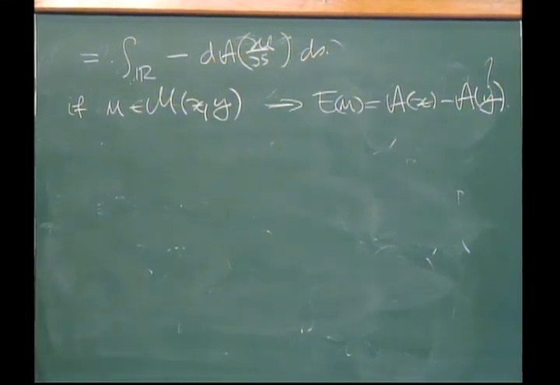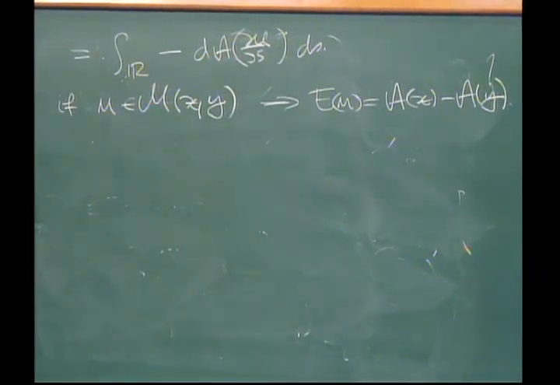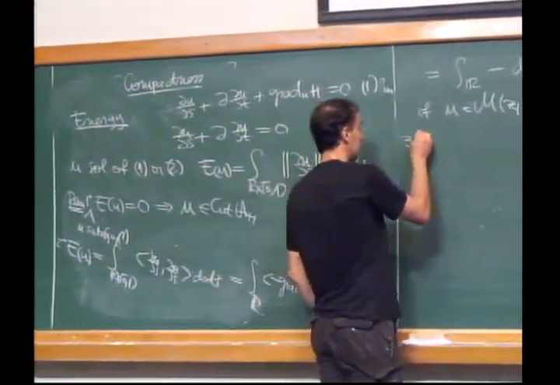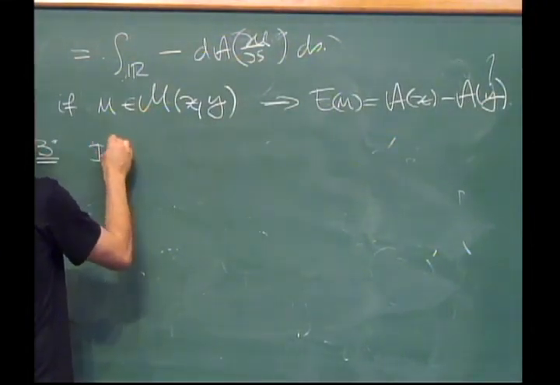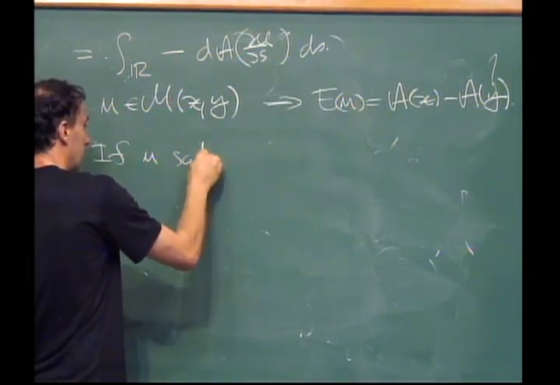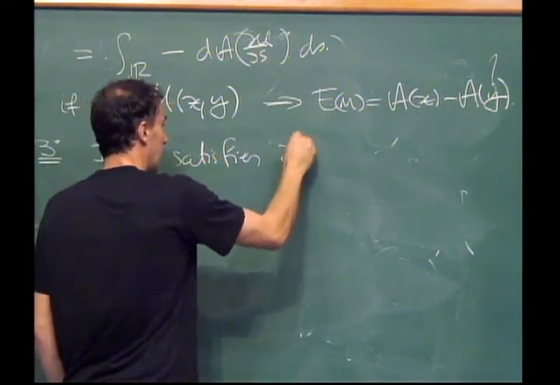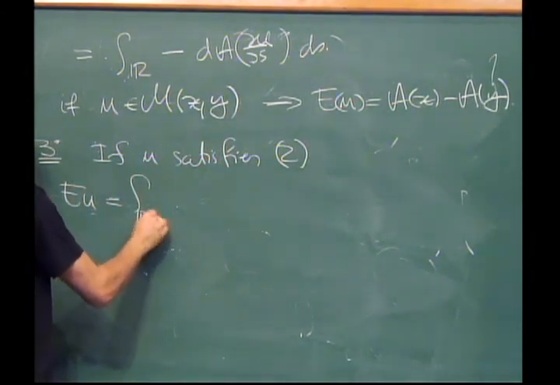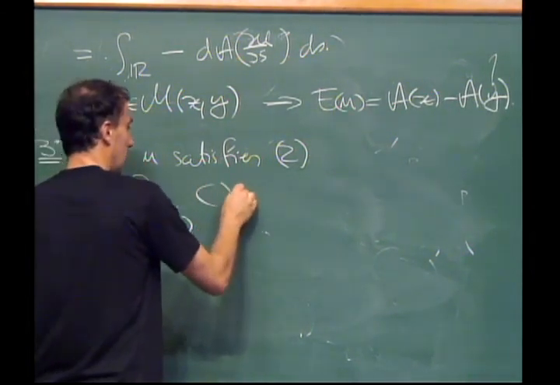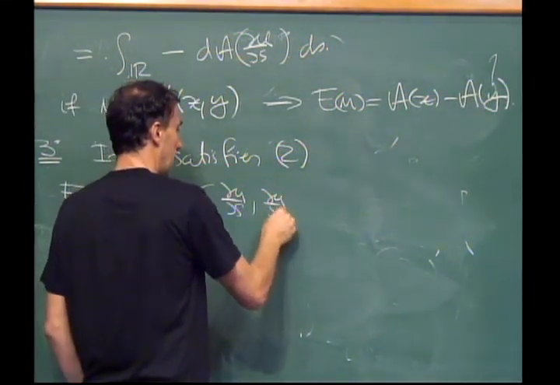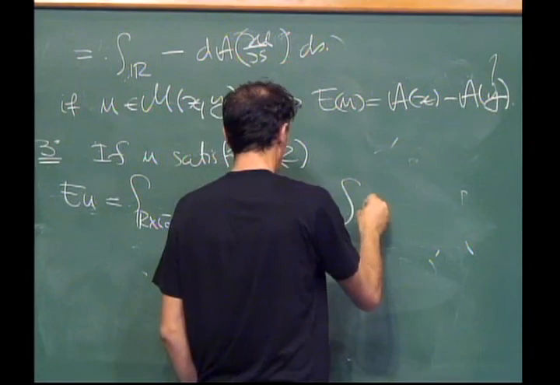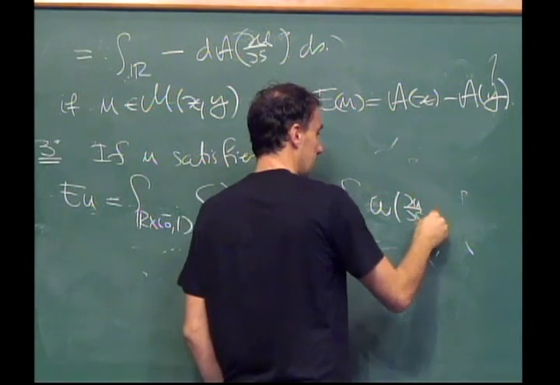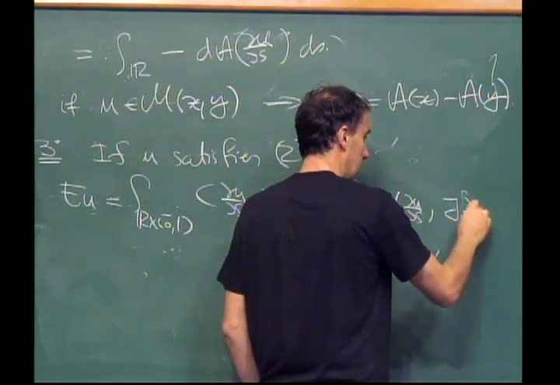And another remark, so this was the first one, the second one, the third one, is that if u satisfies the second equation, then you can write again the energy as the integral of ∂u/∂s, ∂u/∂s. So this is the integral of ω(∂u/∂s, J ∂u/∂s).